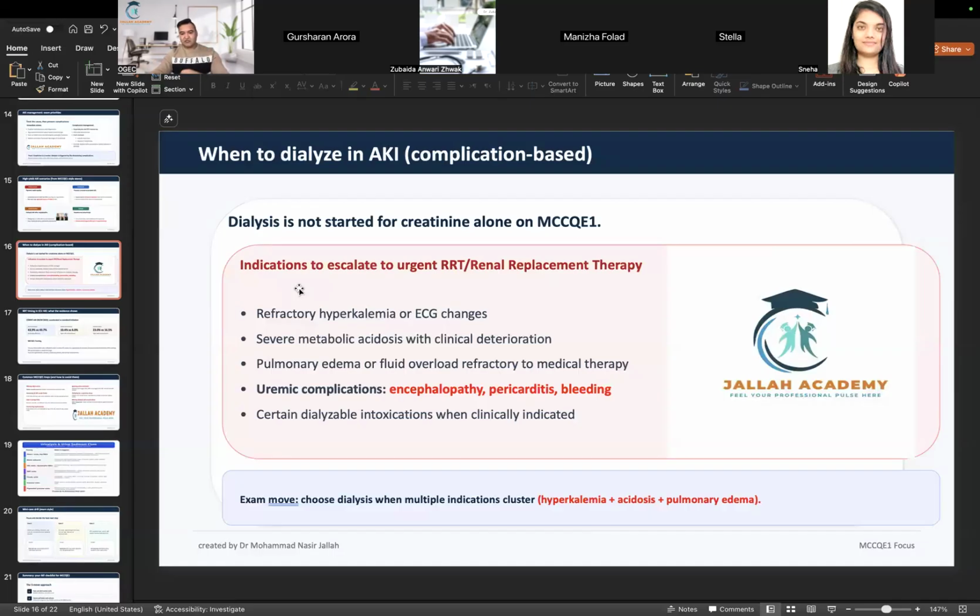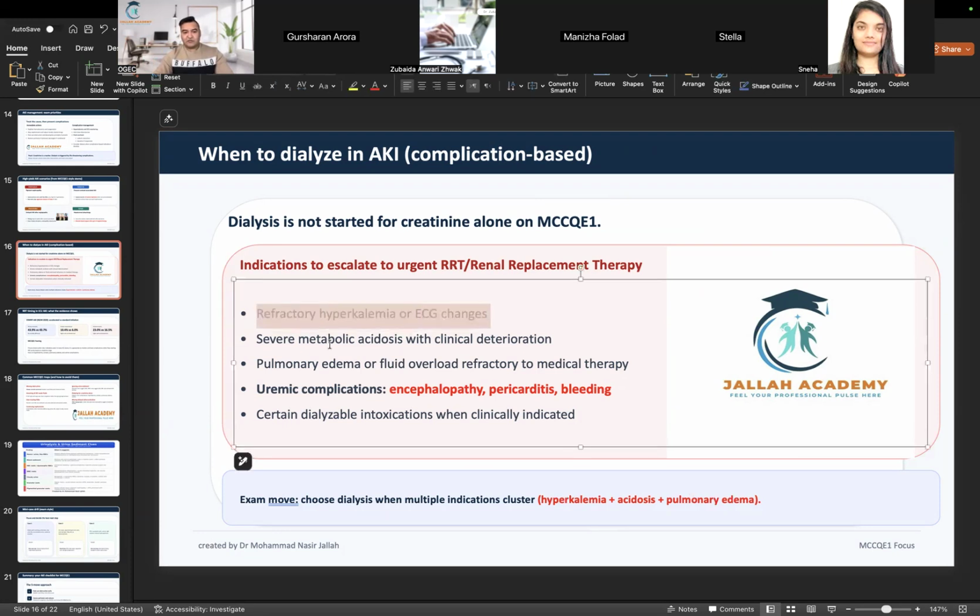If you have a combination, for example, hyperkalemia, acidosis, pulmonary edema. So you have a combination of a few things. Refractory hyperkalemia, remember this one is very commonly tested, severe metabolic acidosis, clinical deterioration, pulmonary edema, and uremic complication.